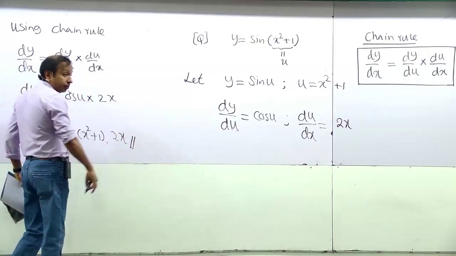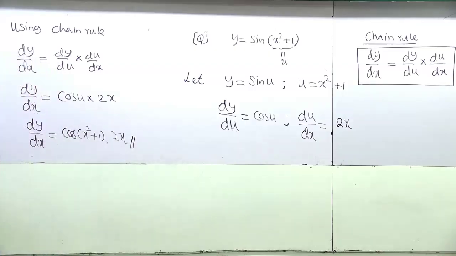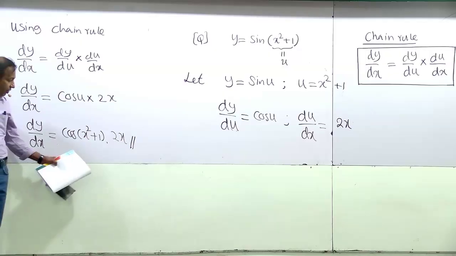This is the final answer. Right, people, applying the chain rule this way is not practical when we have a slightly more complicated question. So therefore, we must learn how to get this answer quickly without using the chain rule.